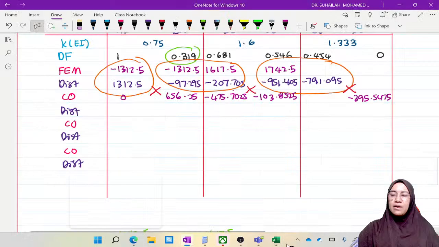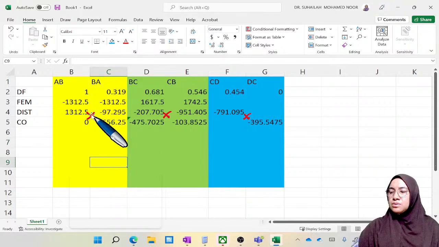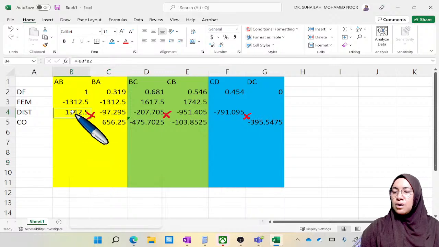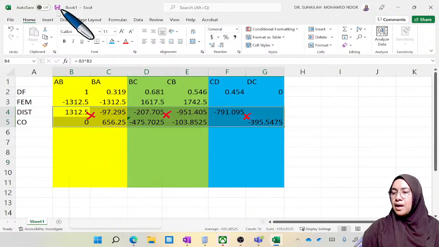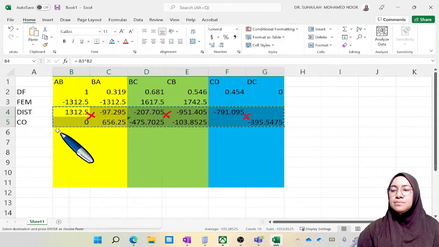Okay, then this is correct. So then I just need to copy and paste. You can also do the same on your own.